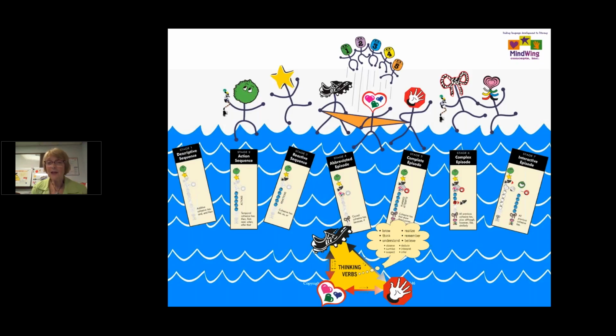So this graphic we showed the last time, and we had such a response, people thinking it was so wonderful. At the very surface of this is the story grammar marker. And some people just use the story grammar marker and have the kids talk through a story like that.